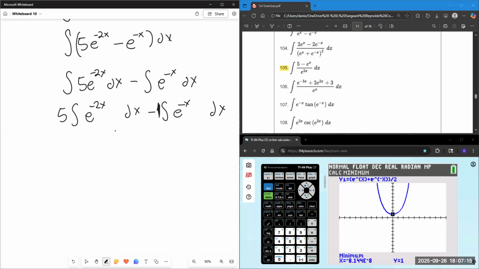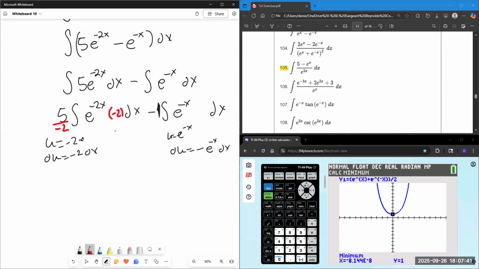So in this first one, u is equal to negative 2x, so my du is a negative 2 dx. So multiply by negative 2 on the inside, divide by negative 2 on the outside. If u is e to the negative x, du is a negative e to the negative x dx. So multiply by negative 1 on the inside, divide by negative 1 on the outside. I could have just pulled that negative 1 inside as well, but trying to stay consistent here.